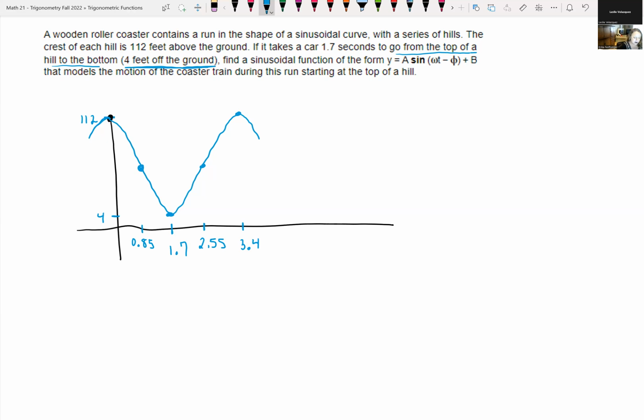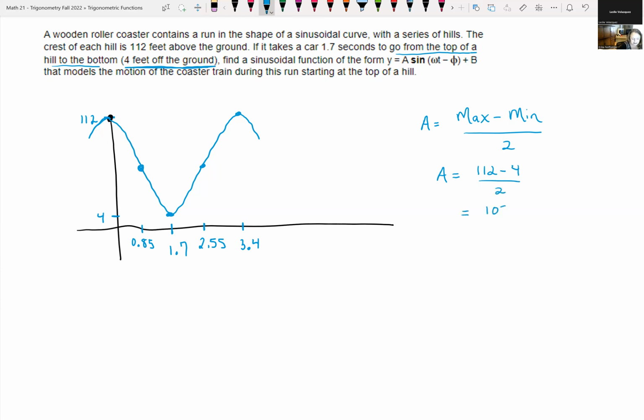So we want to figure out what our amplitude is. This is equal to the max minus the min value, divided by 2. So our maximum value in our case is 112 minus 4, all over 2.